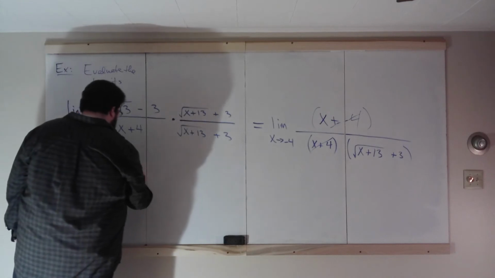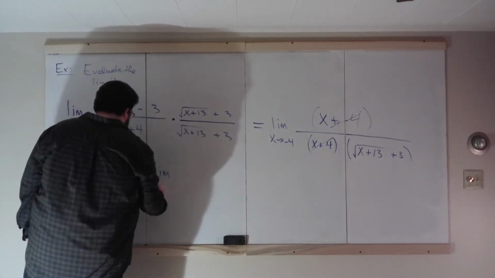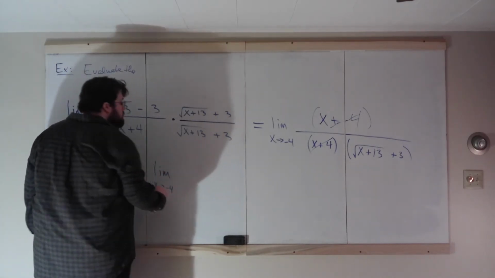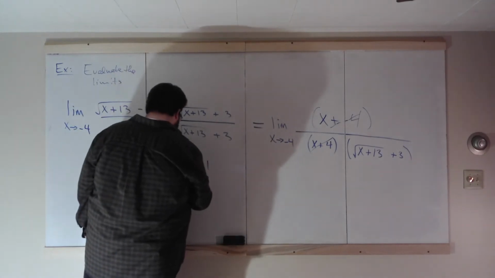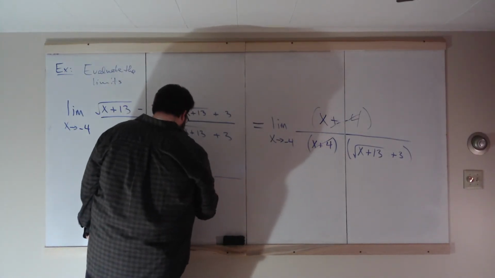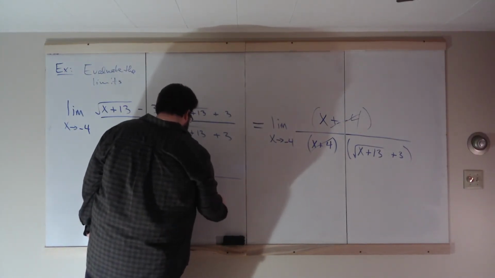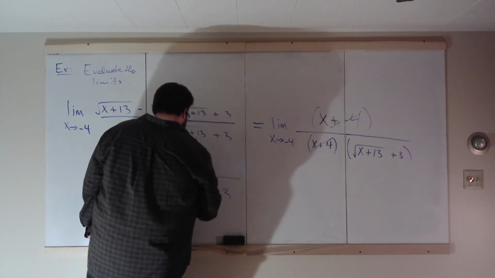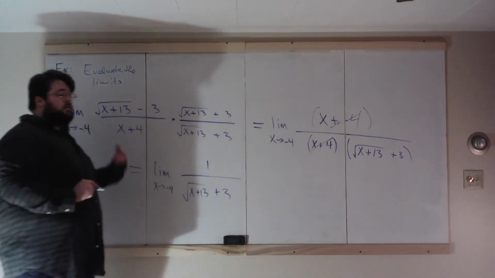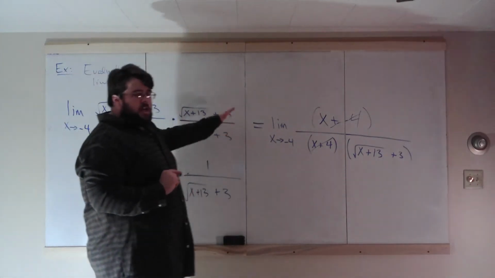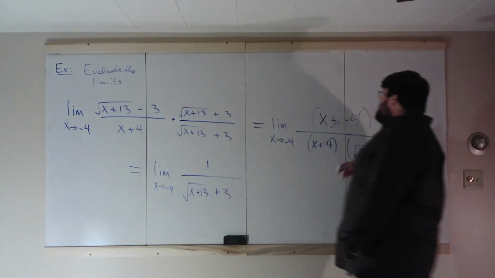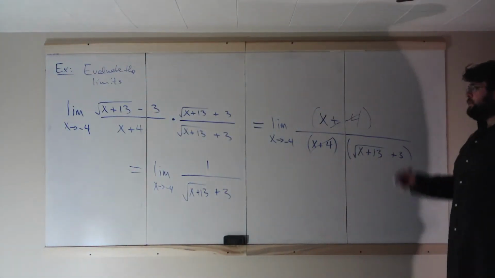So I'll say equals the limit as x approaches negative 4. What's left on top? Nothing except a 1. Left on bottom, root x plus 13 plus 3. We did all this algebra, and then these x plus 4's canceled.